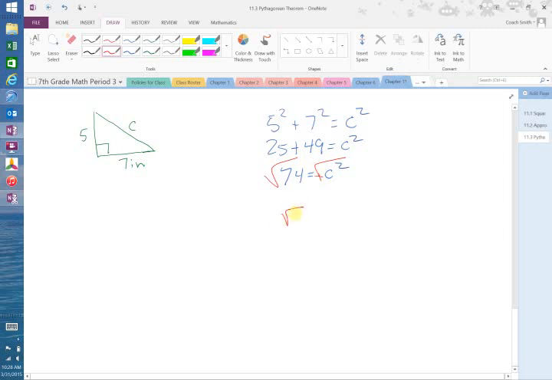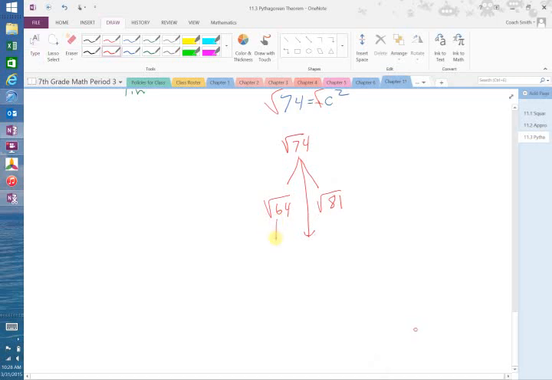Now, the square root of 74 is between the square root of 64 and the square root of 81. It falls in between those two. Square root of 64 is 8. Square root of 81 is 9.